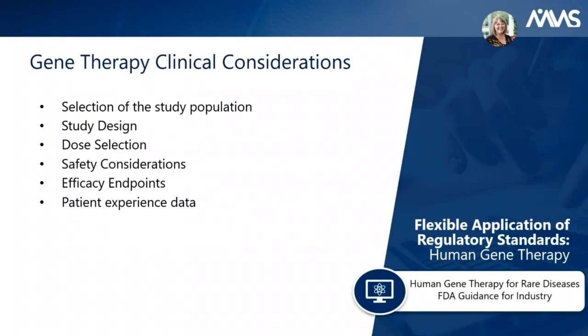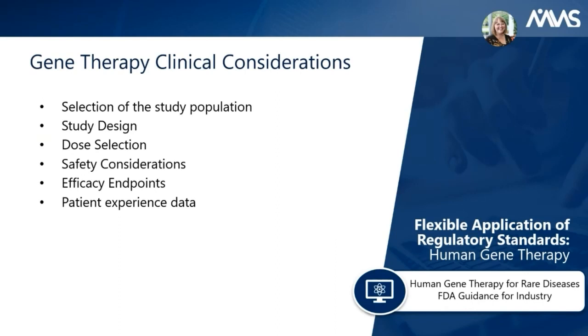Therefore, subjects with severe or advanced disease might experience confounding adverse events related to the underlying disease rather than to the GT product itself. So it can be difficult to detect a benefit from therapy in those subjects. So FDA recommends using subjects with earlier stages of the disease that might derive more benefit from the therapy.